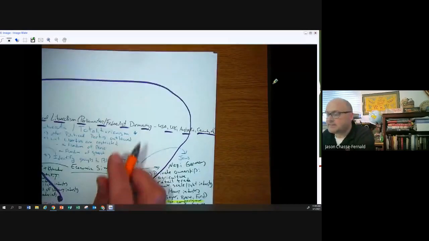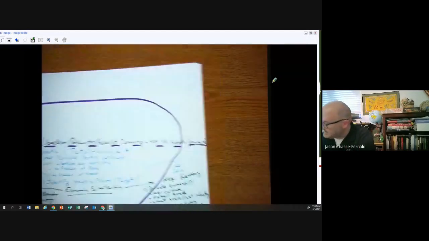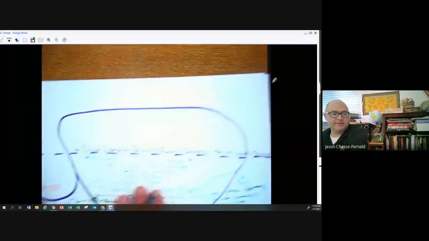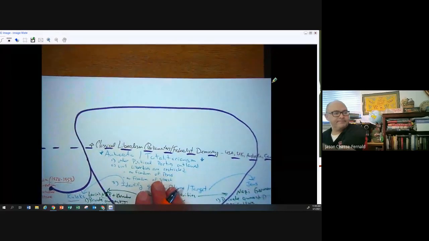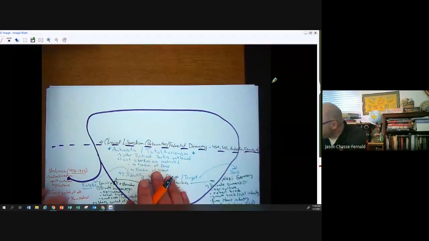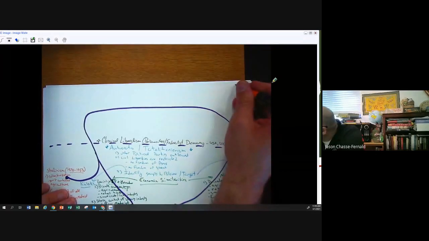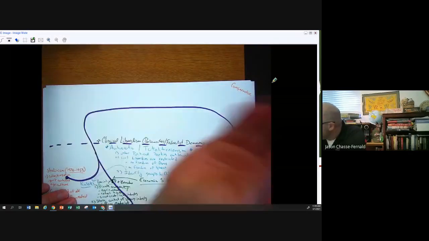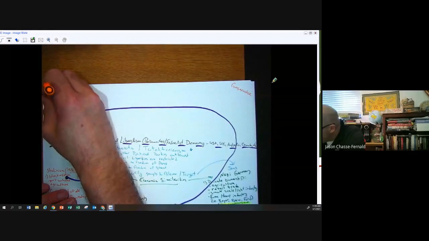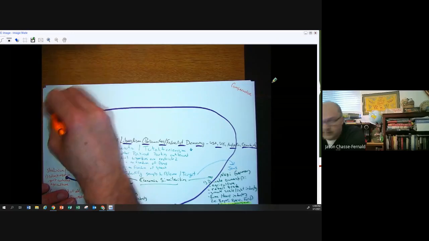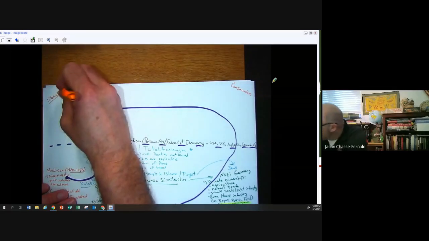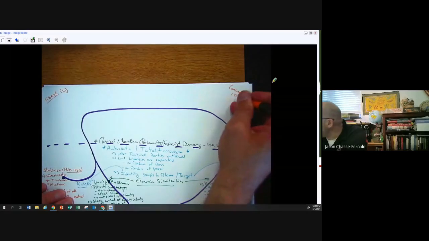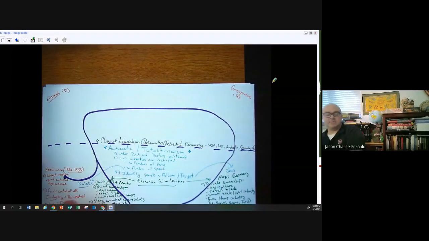In the case of the United States, up here on our little economic and political spectrum, we can put conservative versus liberal, which we call the Democratic Party versus the Republican Party, because those are the case studies we're going to be looking at.